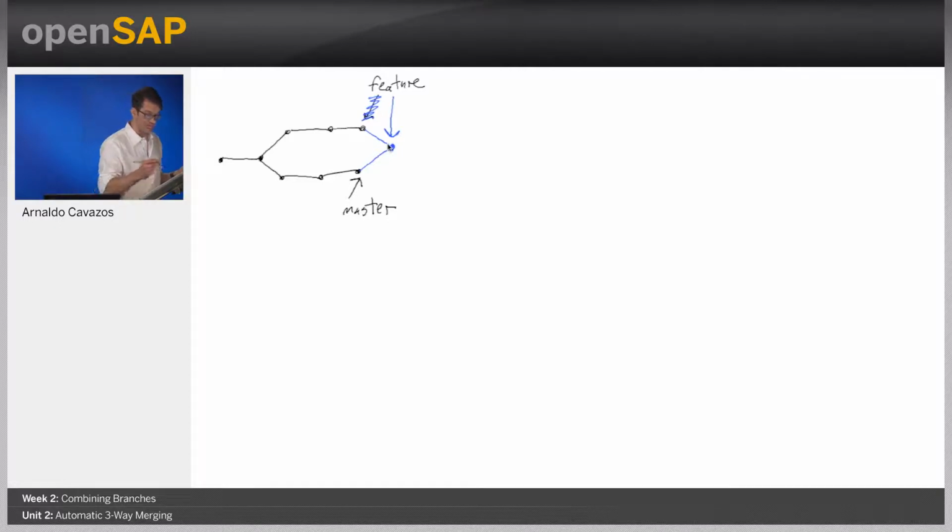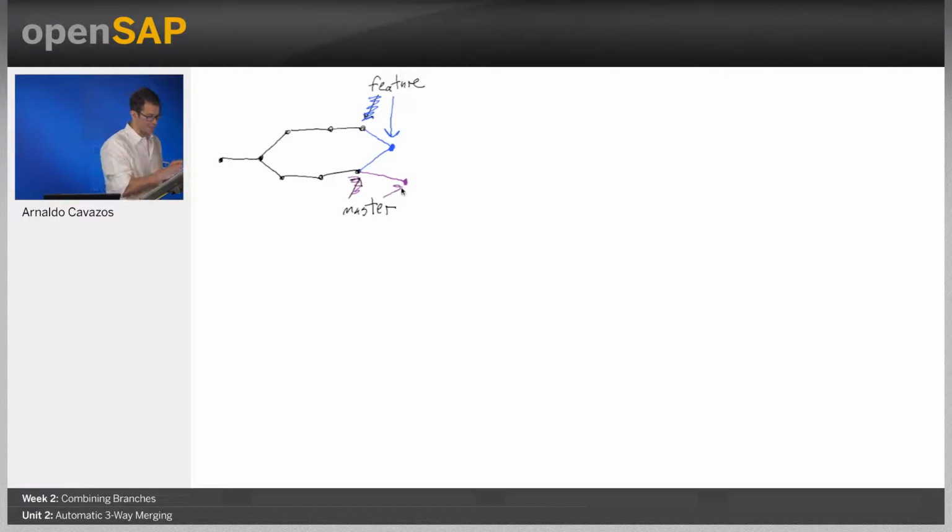Now remember, we said in our scenario, you get an urgent bug fix, which you need to make on the master branch. So you check out the master branch, and you make the bug fix there.